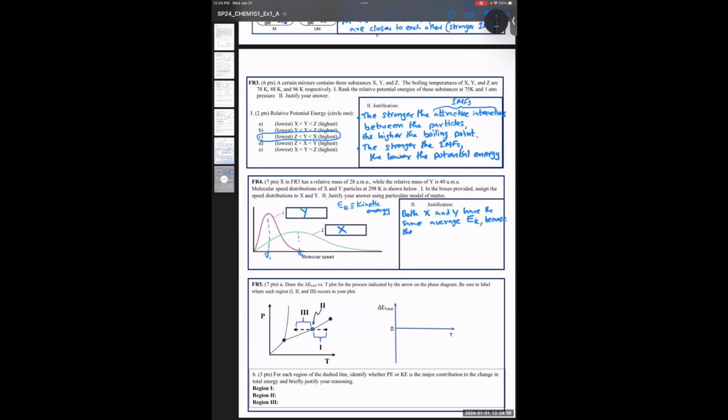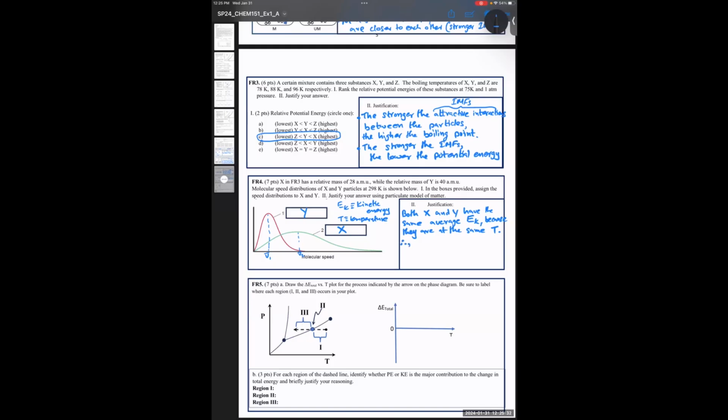Therefore, the lighter particles should move faster than the heavier particles.